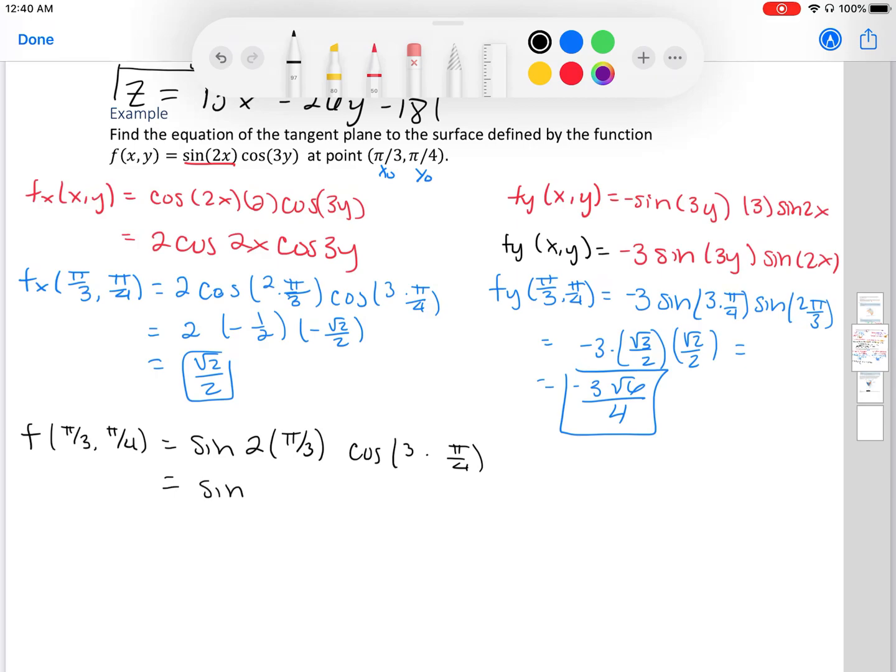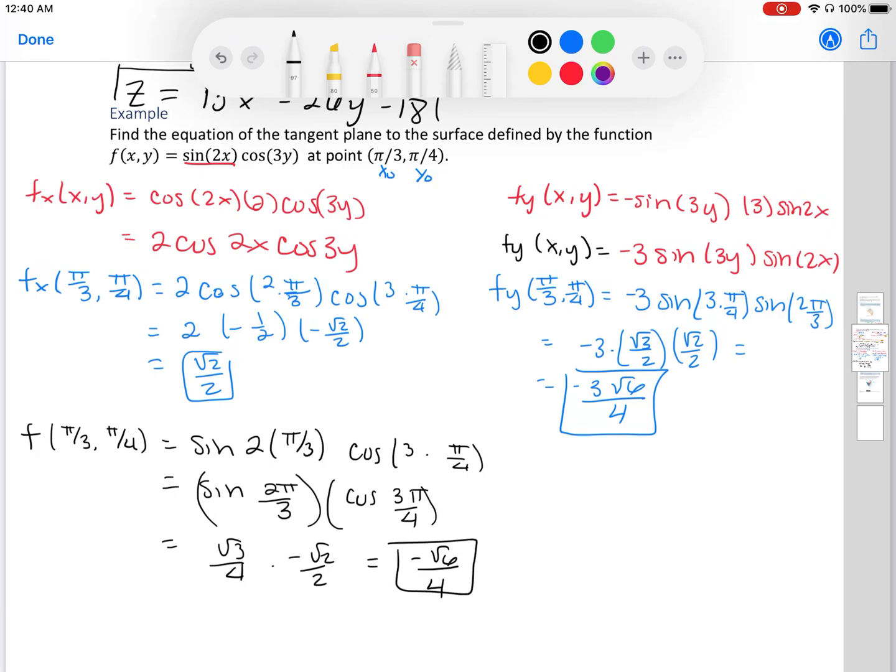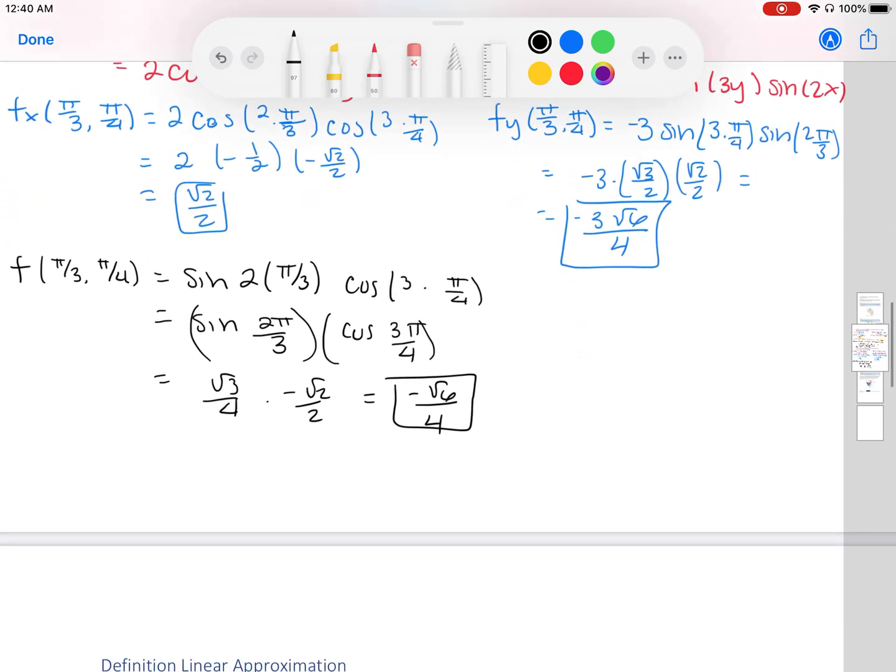So we get sine of 2 pi over 3, and then cosine at 3 pi over 4. They evaluate to be square root of 3 over 2 times negative square root of 2 over 2. You get negative square root of 6 over 4. Okay, we're going to use these values in our function.